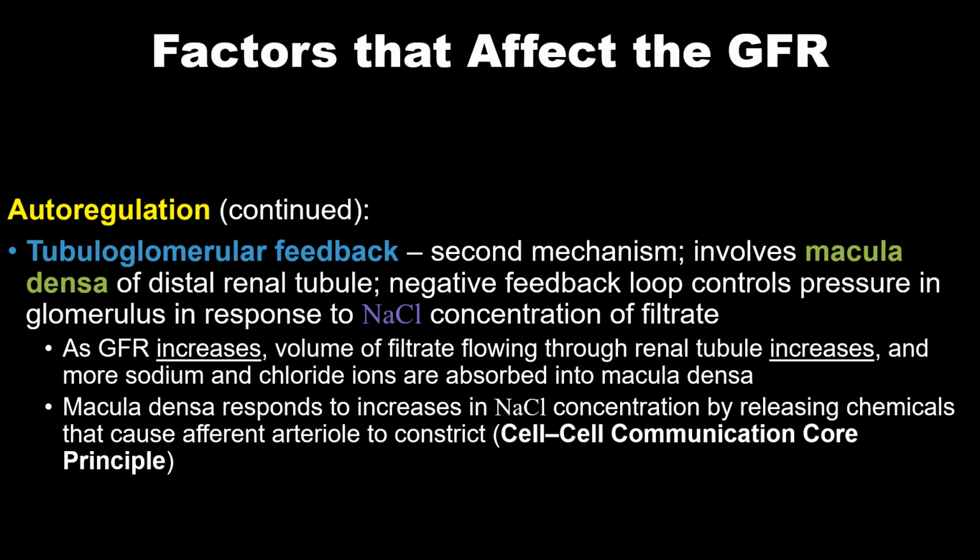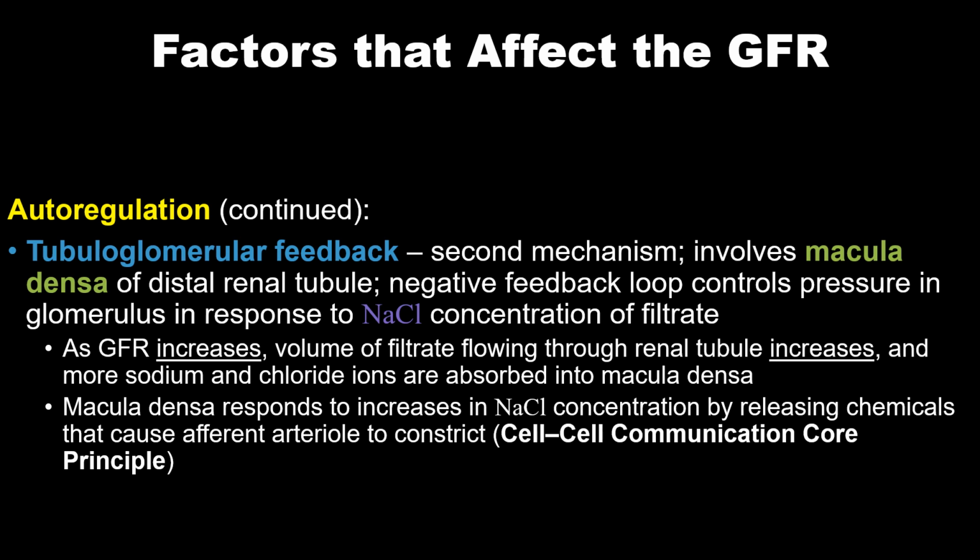So this increase in filtrate volume is going to lead to an increased delivery of sodium and chloride ions into those macula densa cells, okay? And so this is going to cause them to absorb more of these ions from the filtrate. So as the macula densa absorbs more sodium and more chloride, it's going to release ATP into the interstitial fluid.